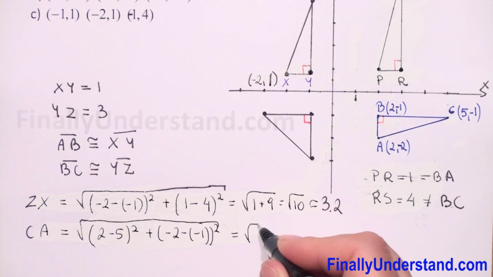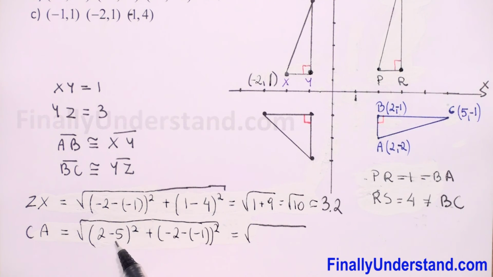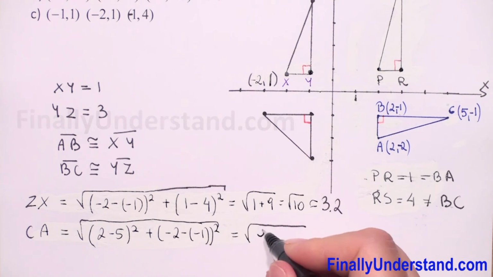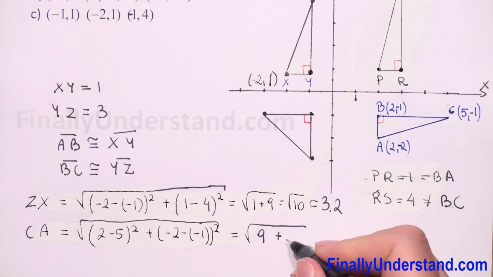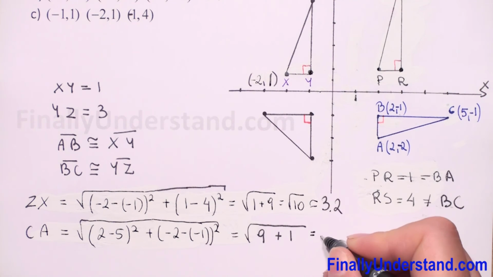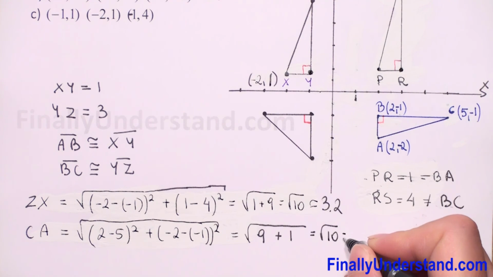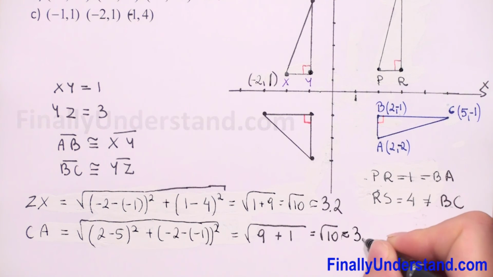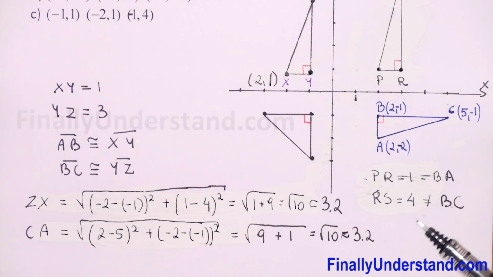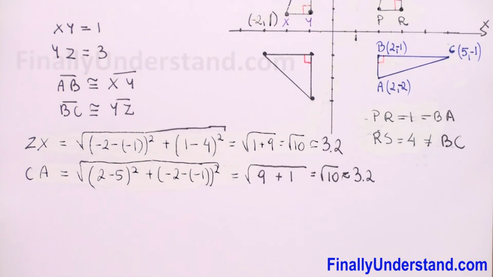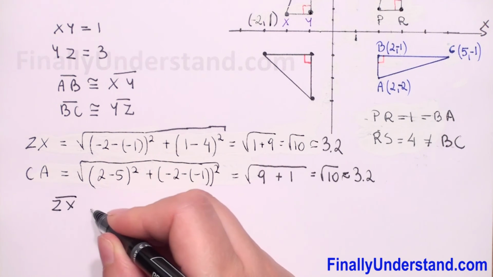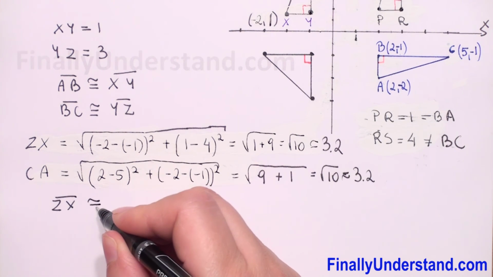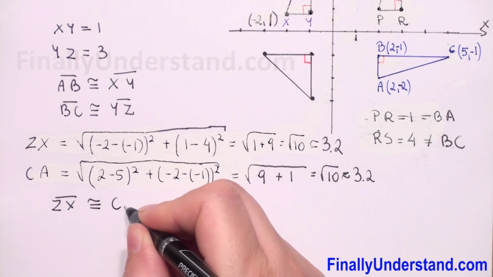So this is equal to the square root of, 2 minus 5 is 3 to the second power is 9, plus negative and negative give me positive, negative 2 plus 1 is negative 1 to the second power is 1. So this is equal to the square root of 10, approximately 3.2. So we see that we can write ZX is congruent to CA.